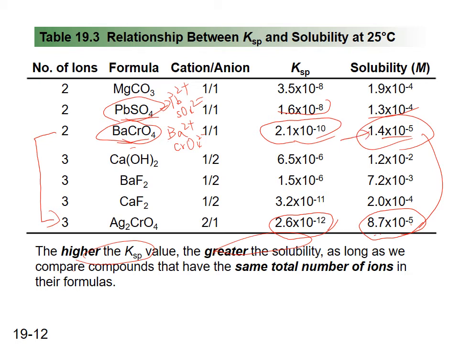And this is because silver chromate generates 3 ions instead of 2: 2 silver ions and 1 chromate. Therefore, when you compare Ksp and solubility, you should compare only those that have the same number of ions. And then the higher the Ksp, the higher the solubility.